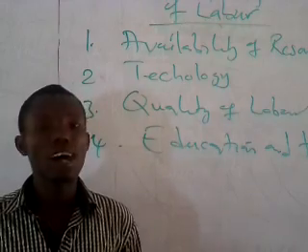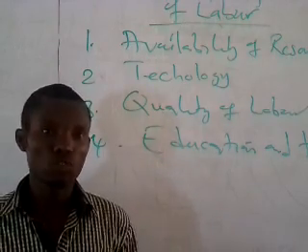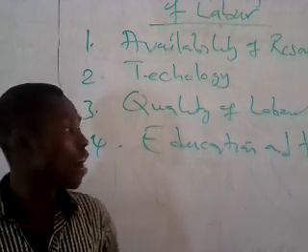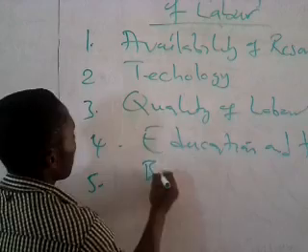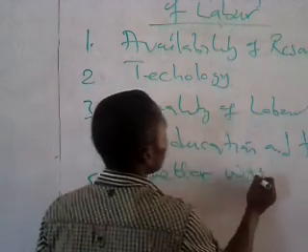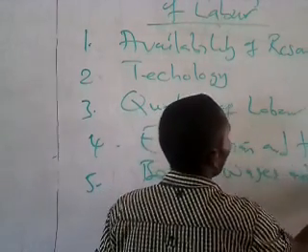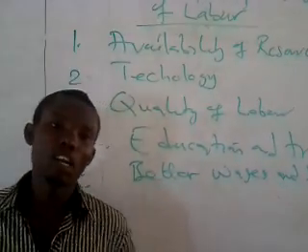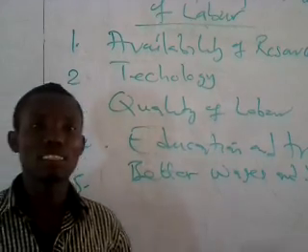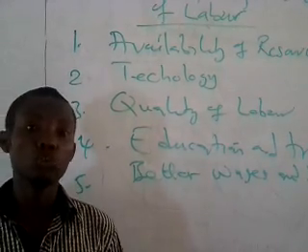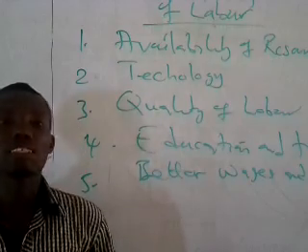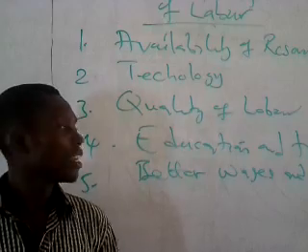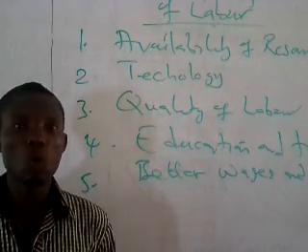But if labor has low level of education or training, it will affect productivity of labor. The next one is better wages and salaries. Labor is motivated whenever there is an increase in wages and salaries, and this urges them to produce more. But when wages and salaries are low, productivity is also low because it discourages them from producing more.